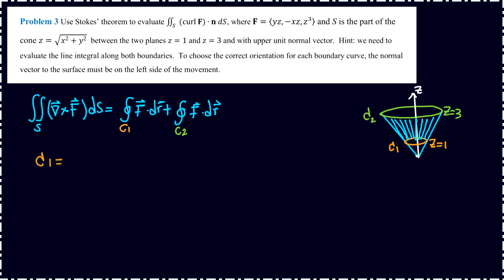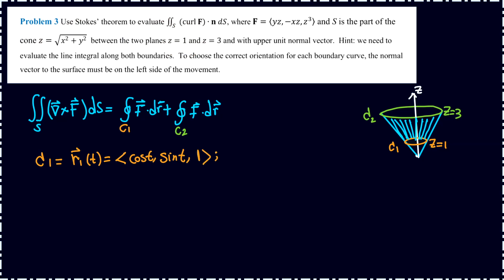So the parametrization for that, you call that r1 of t, equal to, radius is 1, so just cosine t, sine t, and that circle is when z is equal to 1.